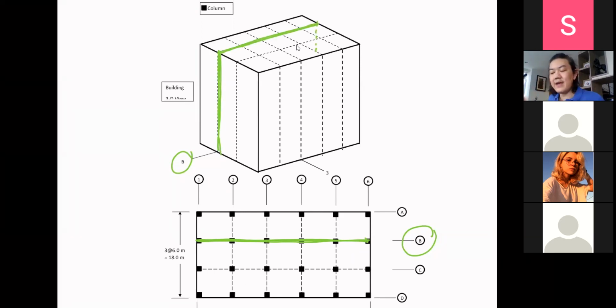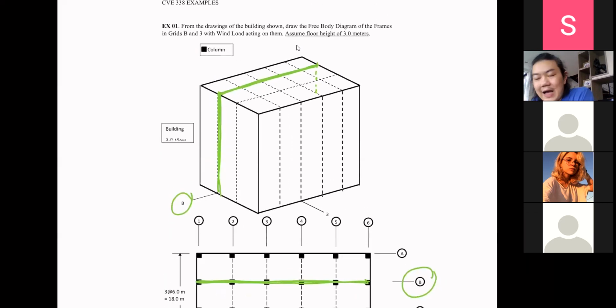Let's say there is no further information indicating how many frames you are going to use to withstand the load. Whatever you do, when you select the frames to withstand the horizontal load, you should try to make your system symmetric.